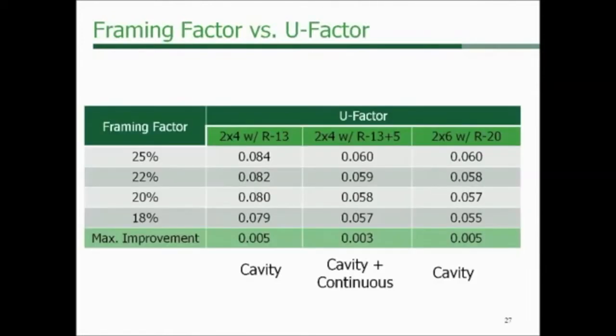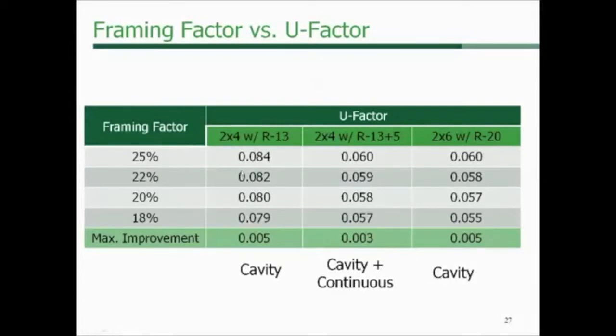Let's talk a little bit more about the framing factor and U factor and how that works. These are three very typical configurations in the IECC: a 2x4 with R13, a 2x4 with R13 plus 5, and a 2x6 with R20. And these are typical framing factors. So R25, our baseline, 16 inches on center. Framing factor 22 if we go to 24 inches on center, and the other ones are if we do insulated headers or raised headers or something fancy like that.